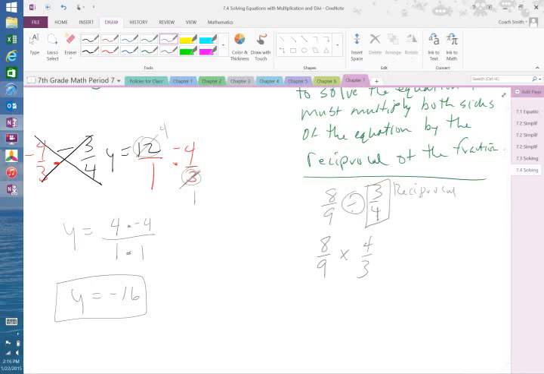And so that is your answer. So basically what they're saying is this. If I take 3/4 and multiply it by 16, that's going to give me 12. Okay, now there's negatives thrown in there that I didn't throw in there, but that's what they're basically saying.